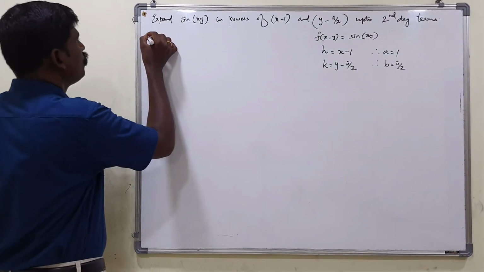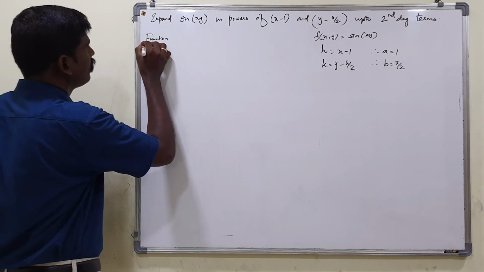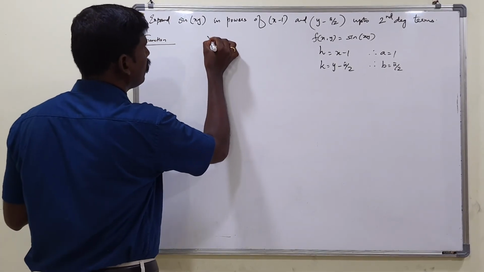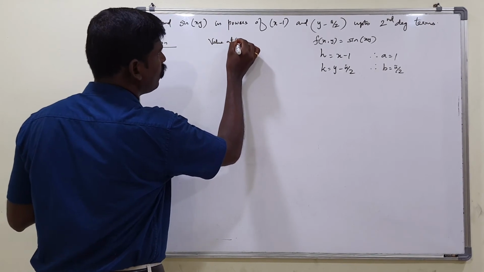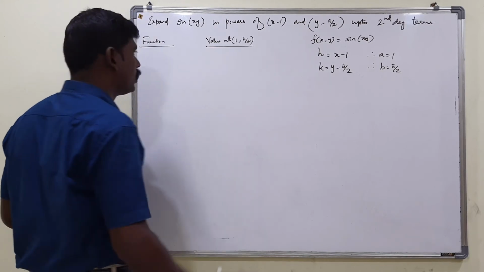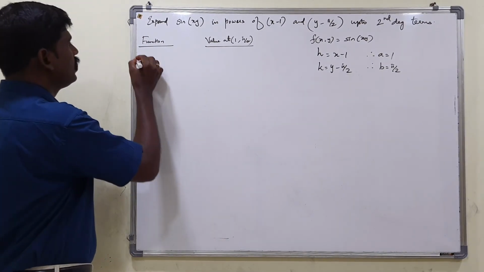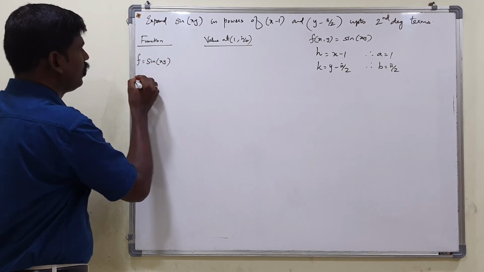Right. So the function and then the value at 1 comma pi by 2. Okay. So what is f? Sine of xy.